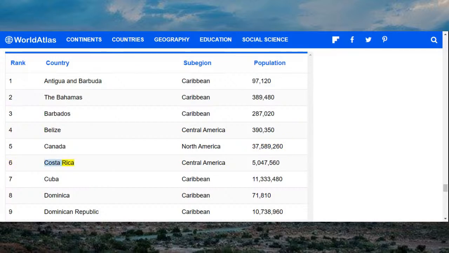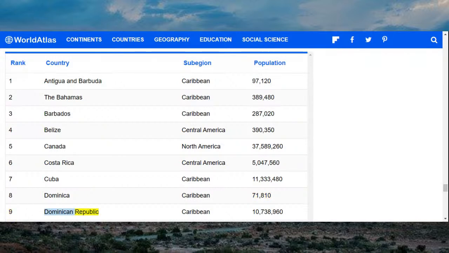Costa Rica, Central America, 5,047,560. 7. Cuba, Caribbean, 11,333,480. 8. Dominica, Caribbean, 71,810. 9.